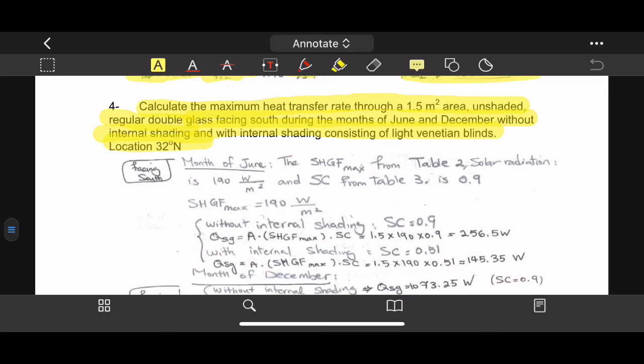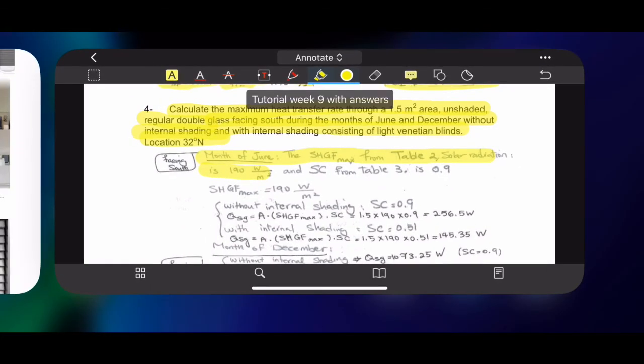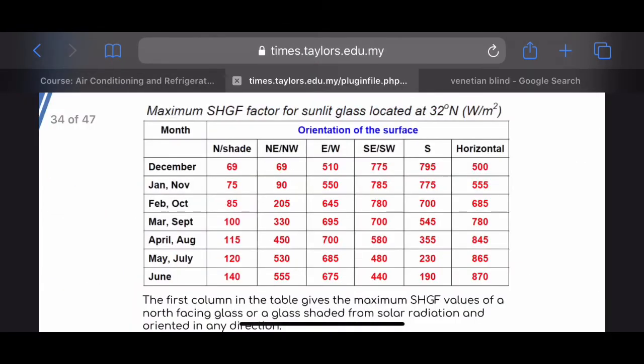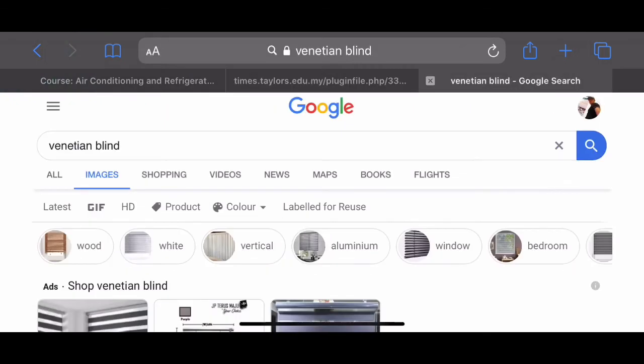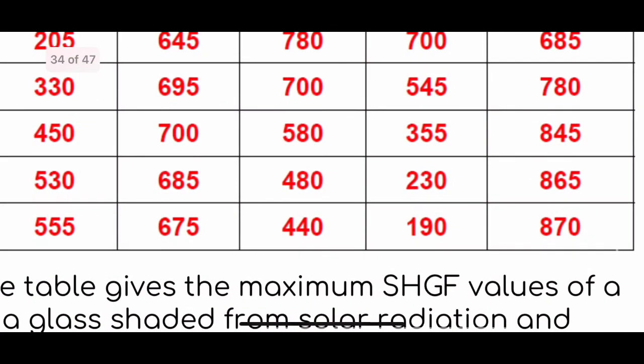Okay, so in the month of June, SHGF max from table 2 solar radiation is 190 watts per meter squared. So let's go back to our notes. In June, and it's facing south, it is 190, as you can see there.